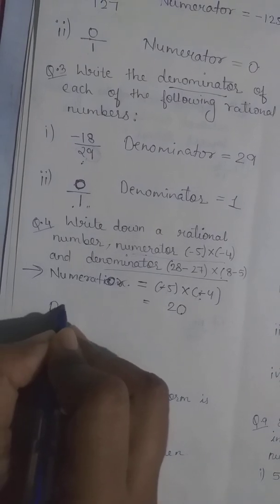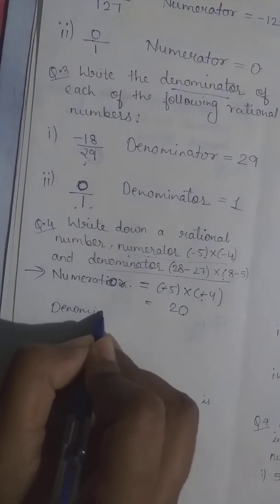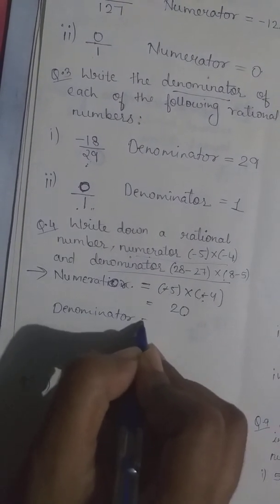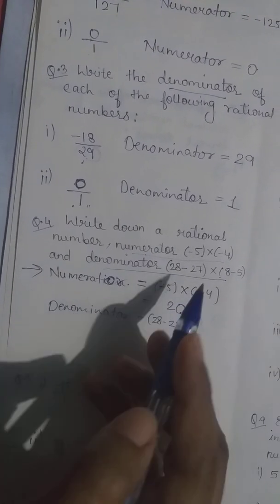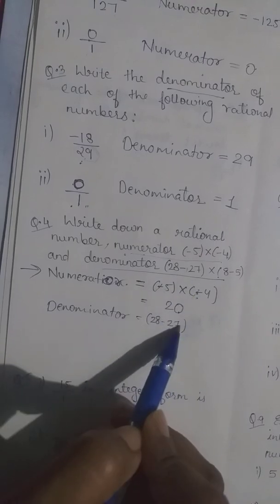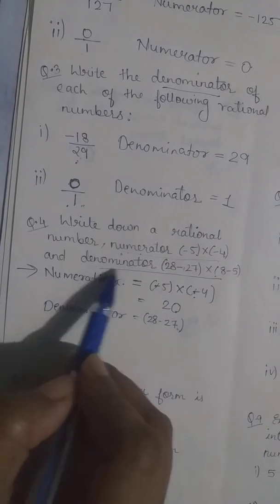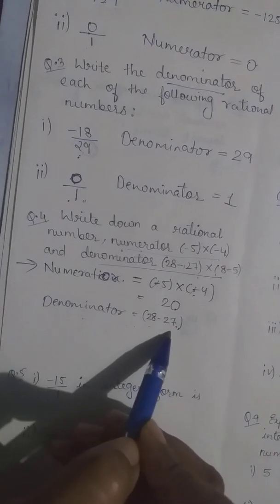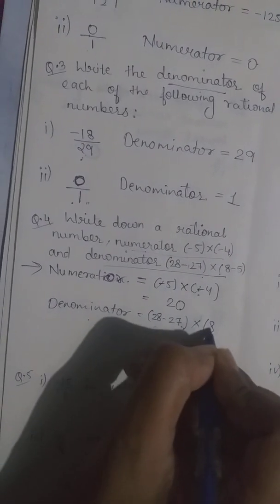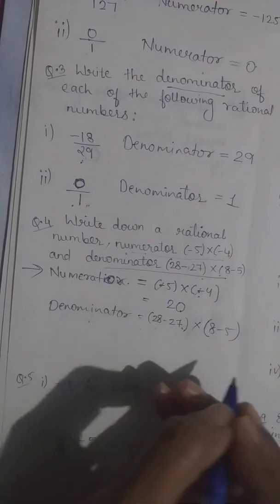Now what about the denominator? In the denominator, it is written 28 minus 27. So I am writing the question here, repeating again. From the question I am writing this. Denominator is equal to 28 minus 27 multiplied by 8 minus 5. Okay.